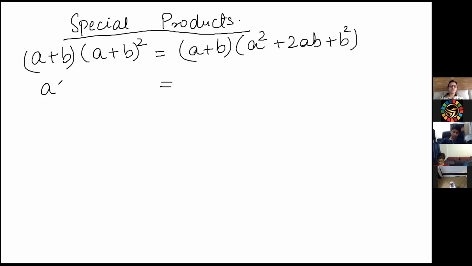How do you multiply? You remember how we multiply? a into this whole bracket.